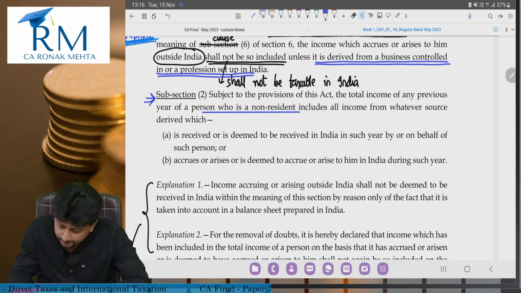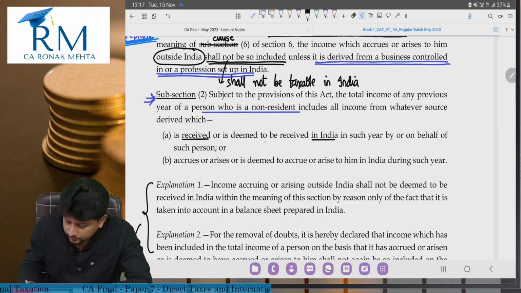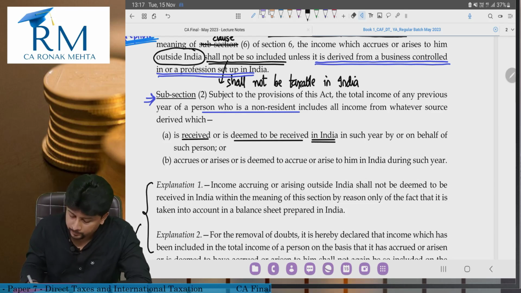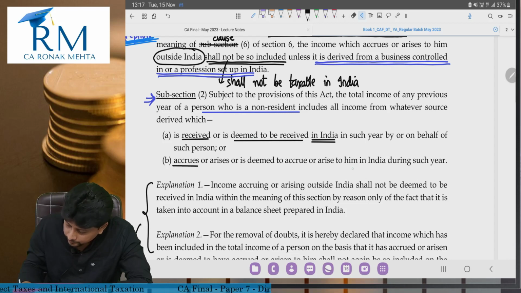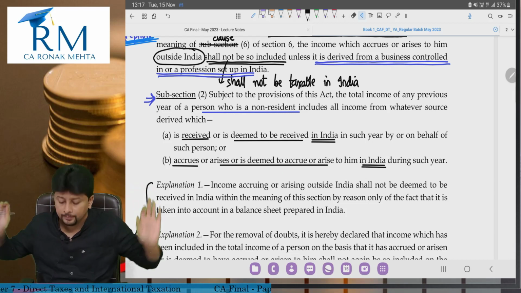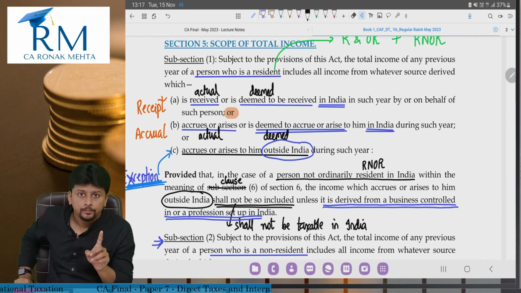Which ones? Received in India, deemed to be received in India, accrues in India, arises or is deemed to accrue or arise in India, and that's it. Point C is not there. Point C was there in subsection 1.